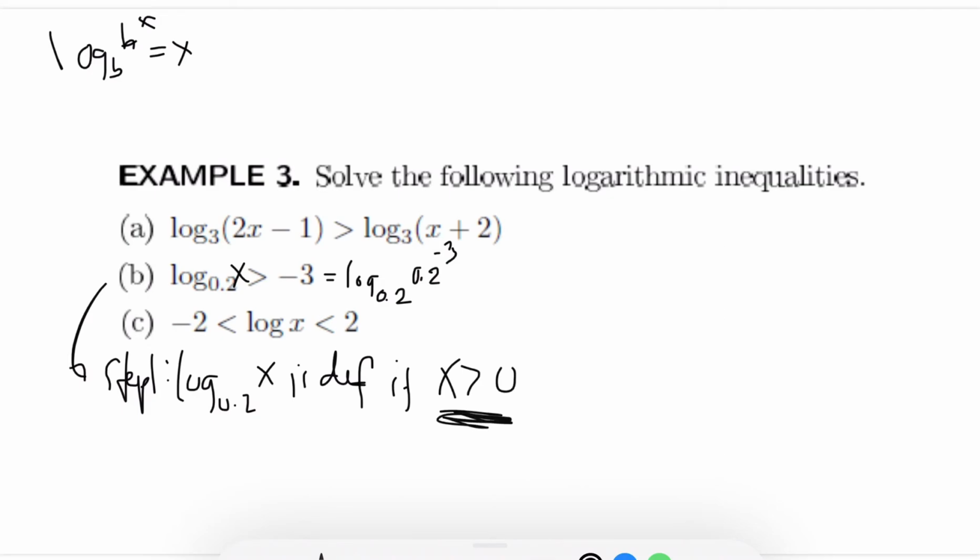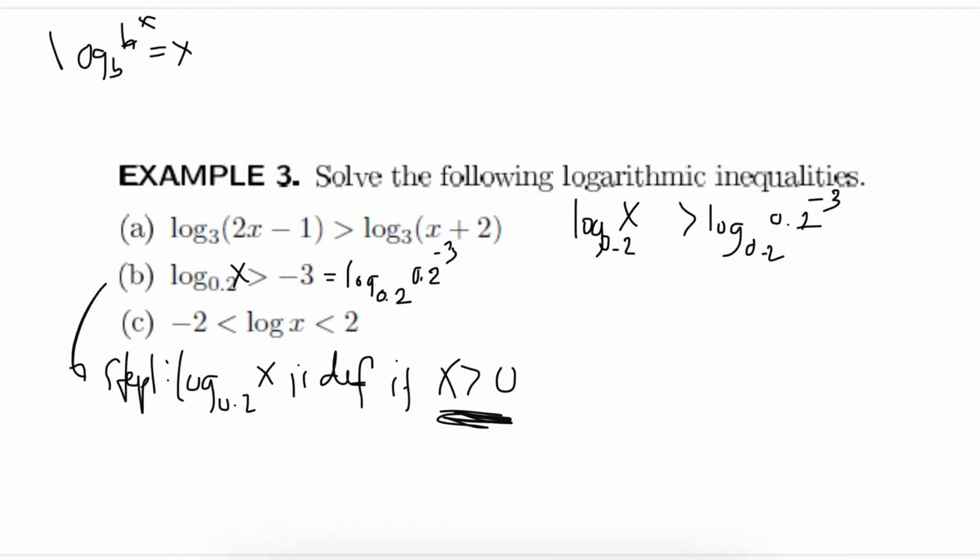Now let's go to step 2. Since we can rewrite this one, log of x base 0.2 is greater than log of 0.2 raised to negative 3.